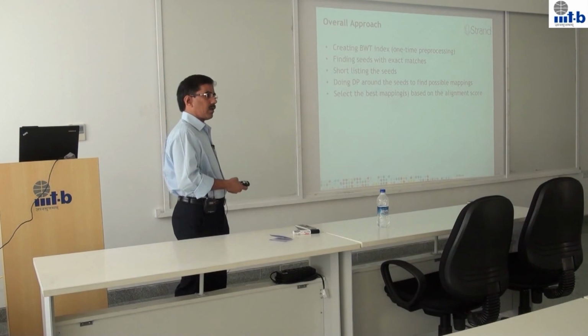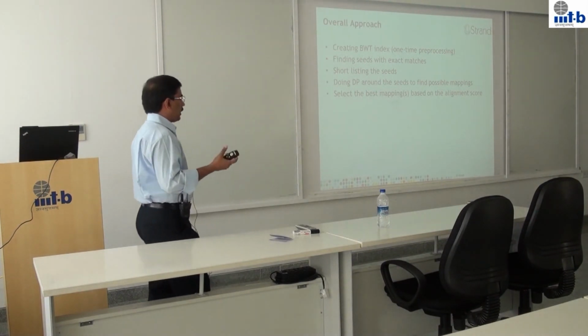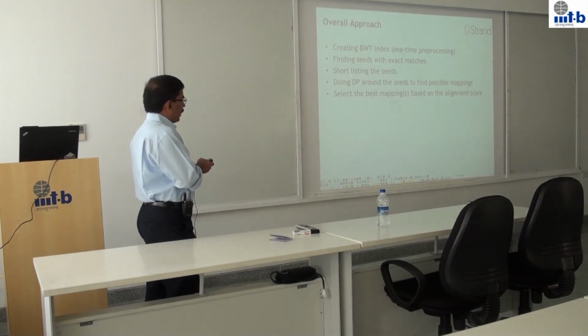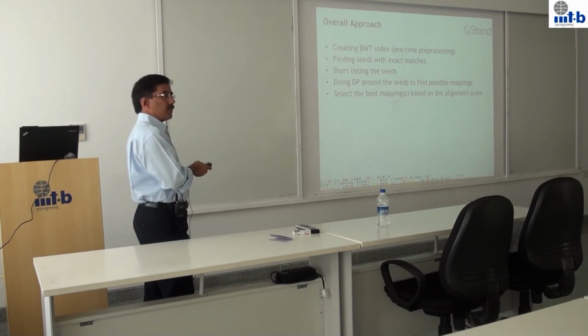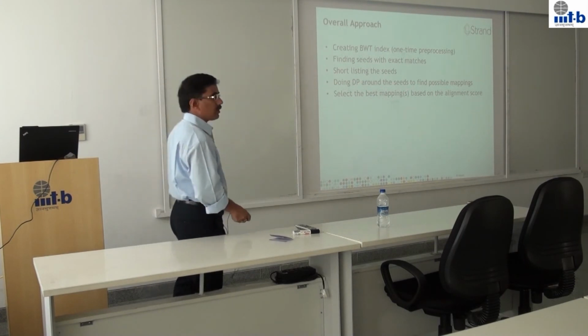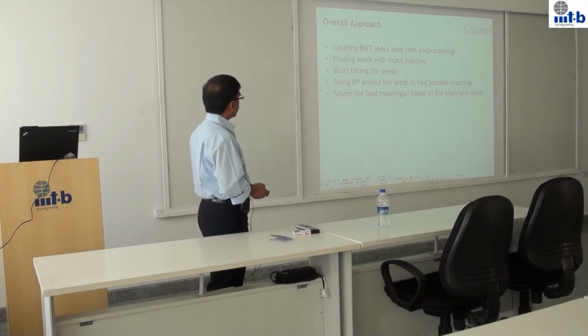If we get a large number of seeds, it is difficult to process. So we shortlist based on the length as well as certain other characteristics. After that, we do dynamic programming around each of these shortlisted seeds to find possible mappings. Among those possible mappings at different locations, we select the best mapping based on the alignment score. So that's the overall approach.